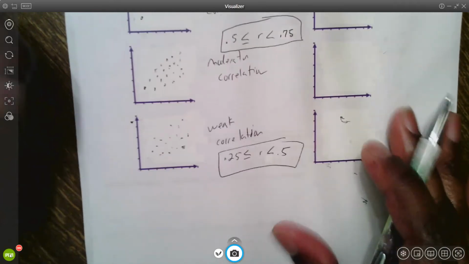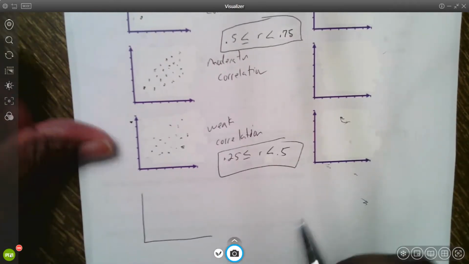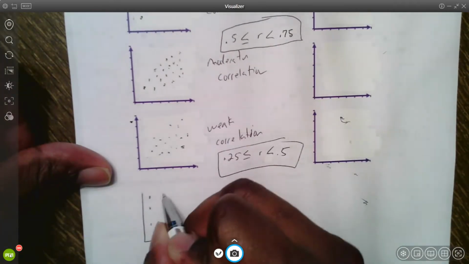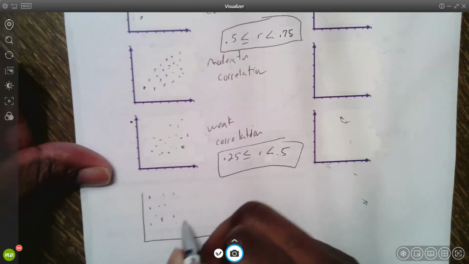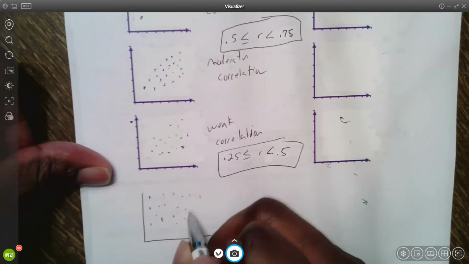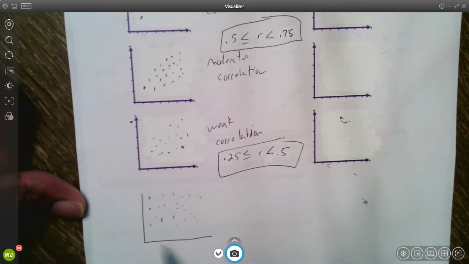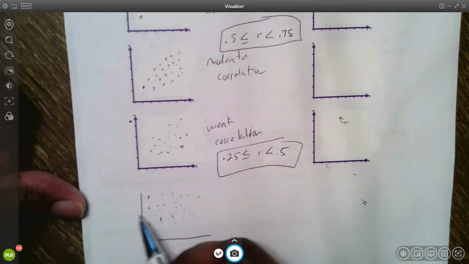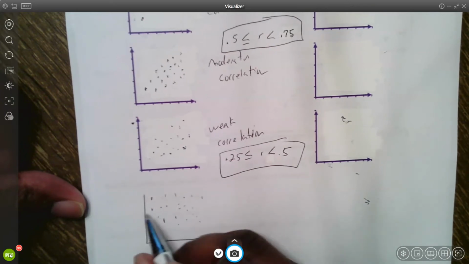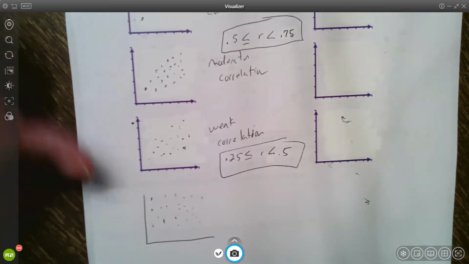Now, no correlation would look like this. If I gave you a set of data, and it was literally all over the board, we say that set of data has no correlation. As I go to the right, it doesn't affect whether or not these numbers go up or down. There's no relationship between the x and y axis. So that has no correlation.